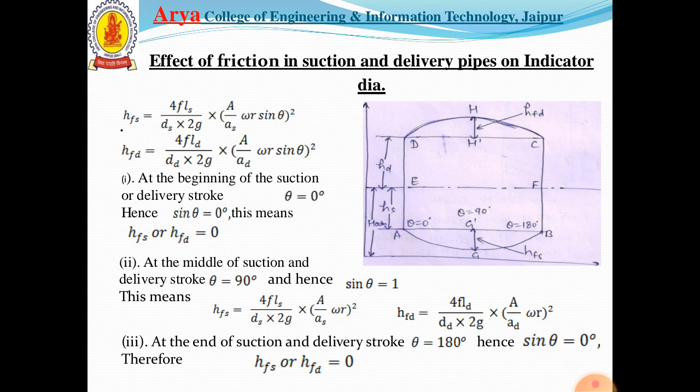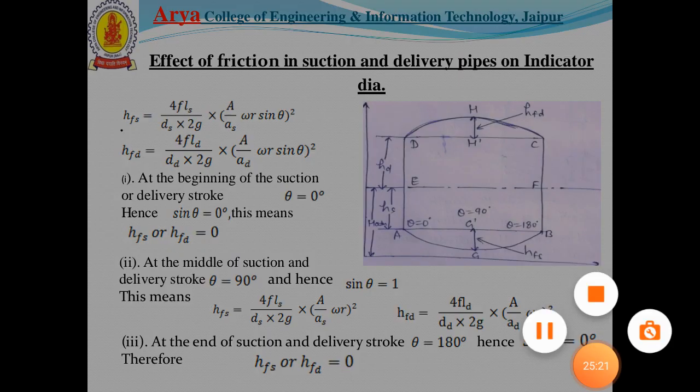This means HFS and HFD will be maximum, and that equals 4 f LS upon ds into 2g into (A upon AS omega r) whole square, and HFD equals 4 f LD upon dd into 2g into (A upon AD omega r) whole square. Third point, at the end of the suction and delivery stroke, theta equals 180, and hence sin theta becomes 0 again. Therefore HFS and HFD become 0.